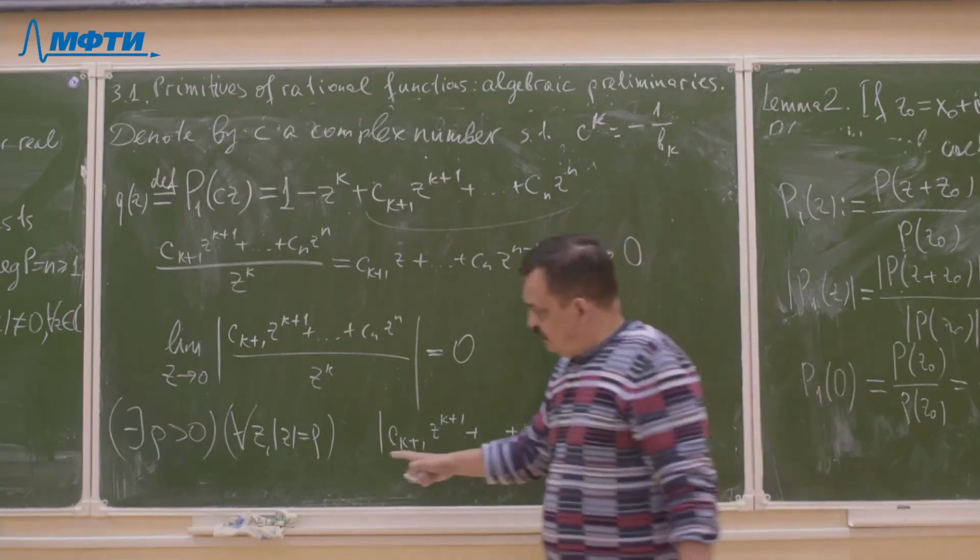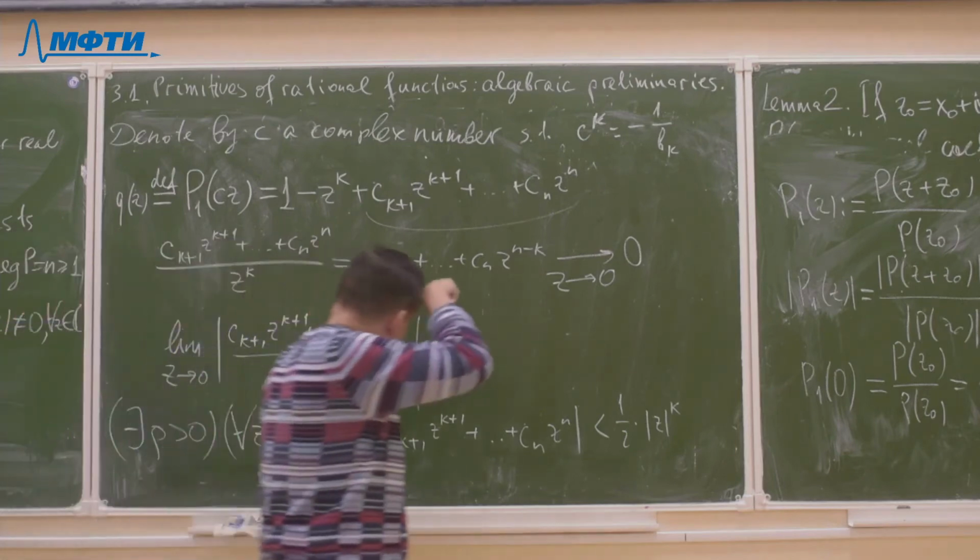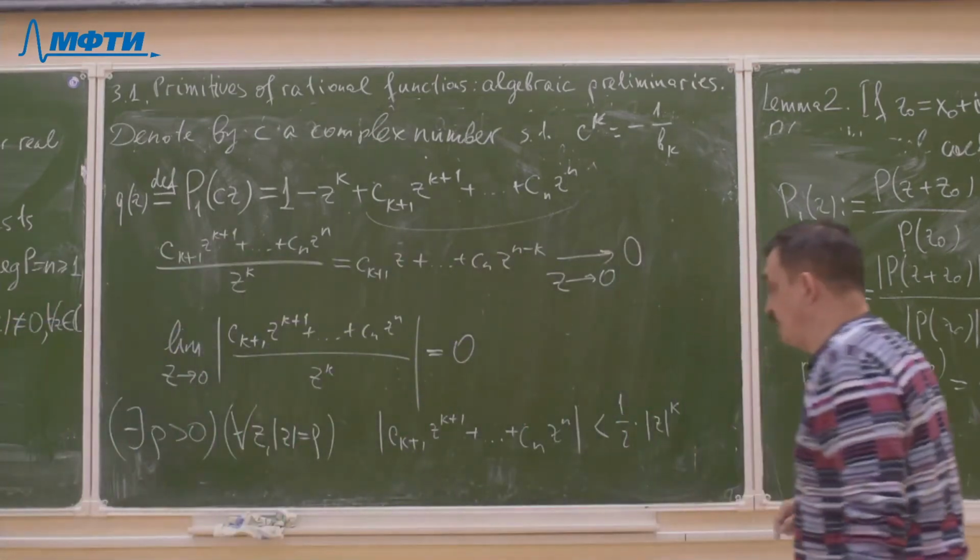So, for sufficiently small z, in particular with modulus of z equal to rho, where rho is sufficiently small, it will be less than 1/2.